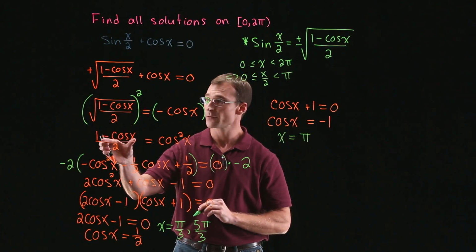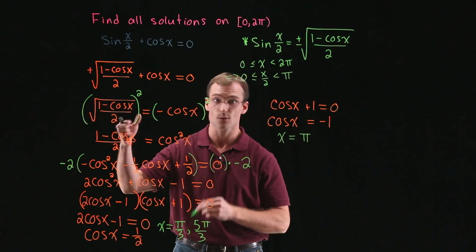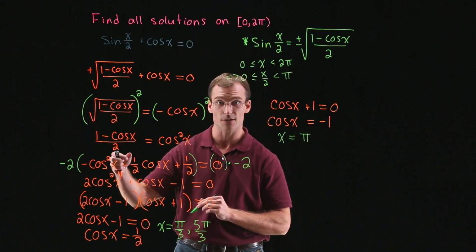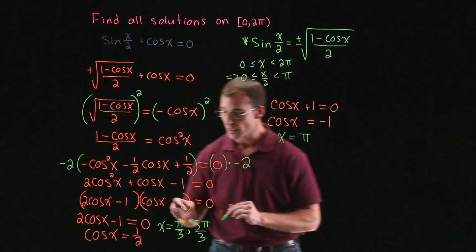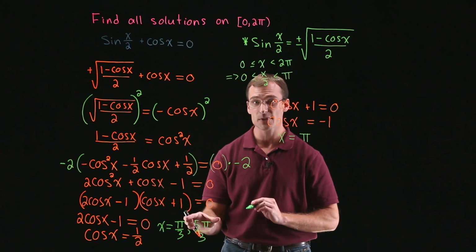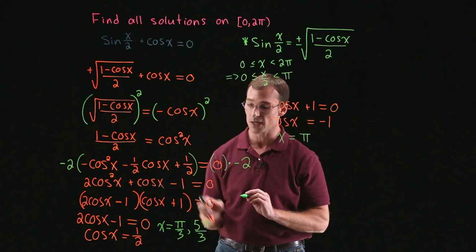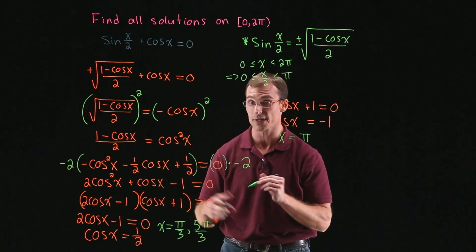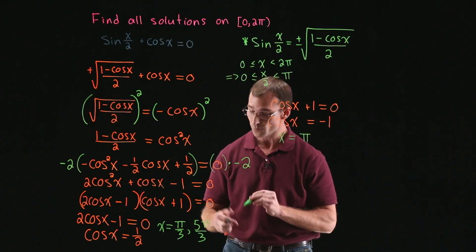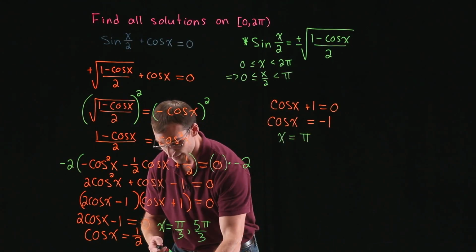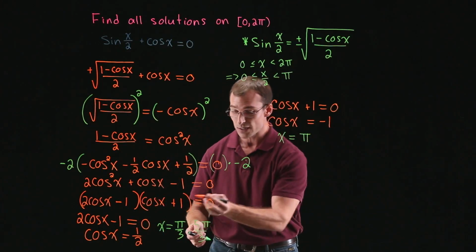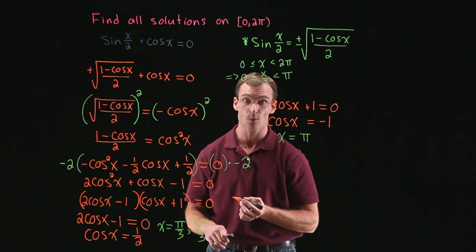We would have gotten this if we plugged in the positive or the negative, because whenever you square something, it just comes out to be positive. So what that means is some of these solutions might have been solutions if we plugged in the negative, versus just the positive. So some of these solutions might be extraneous. So what we're going to have to do is do what we were taught in basic algebra when you're solving for an equation, check the solutions to see which are the ones we want.